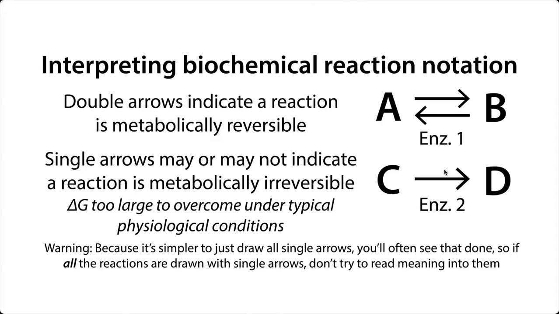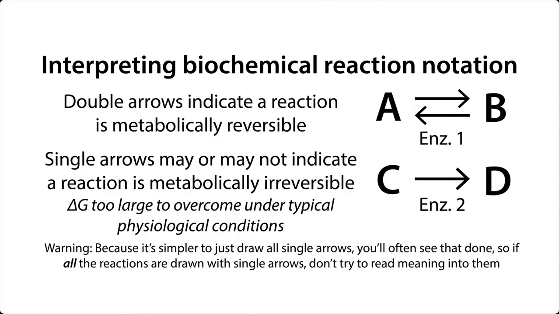Warning, sometimes you have single arrows, and that's not because it's irreversible, it's just that it's easier, or that you want people to think about it in the forward direction, or that you don't know if it's reversible or not, things like that. But if you're in the context where you have a lot of double-headed arrows and then you have a single-headed arrow, that's a good sign that it is going to be irreversible. And we'll talk about some other signs.